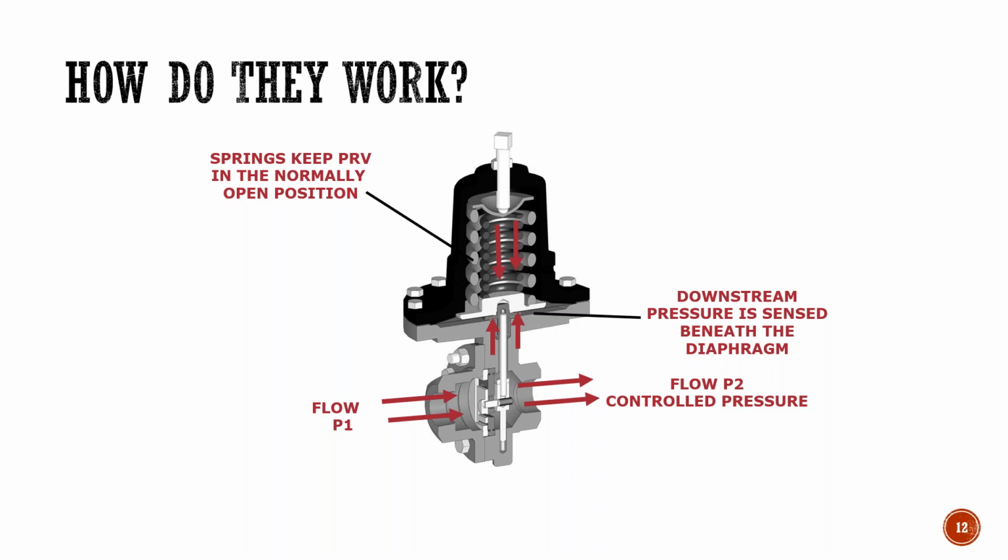So you can see here how they work. Again, in a pressure reducing valve, the springs keep the PRV in the normally open position. We're controlling P2, or the downstream pressure, and the downstream pressure is sensed up underneath the diaphragm, and you have the force balance between the spring and the diaphragm.